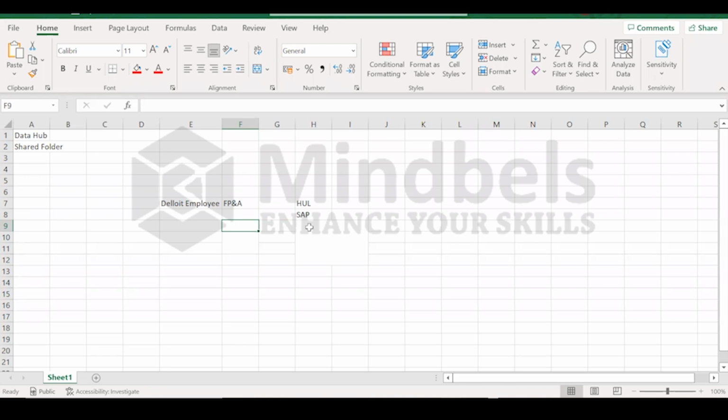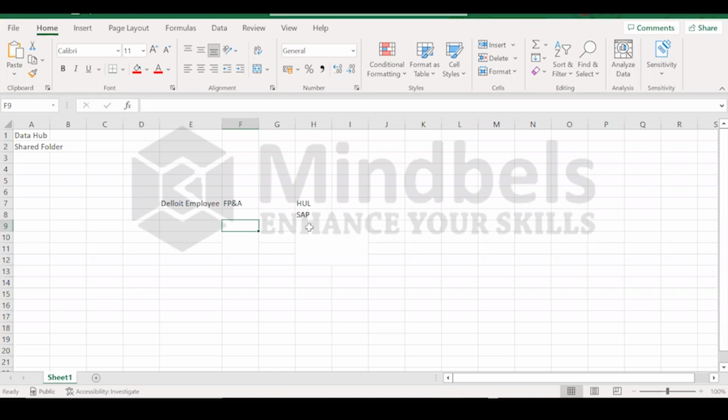Just telling an example, this is not the real-time way, but at times the Deloitte people will not directly access the HUL data. For that reason, HUL itself creates one shared folder, and gives the Deloitte employees access to get the data. Any questions on it? Is this clear about the shared folder?